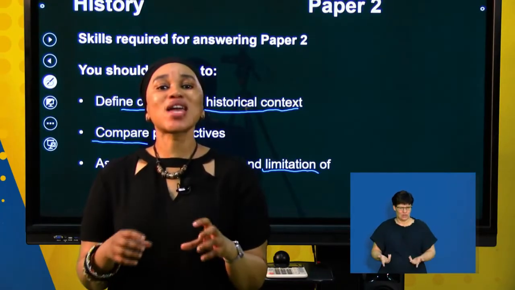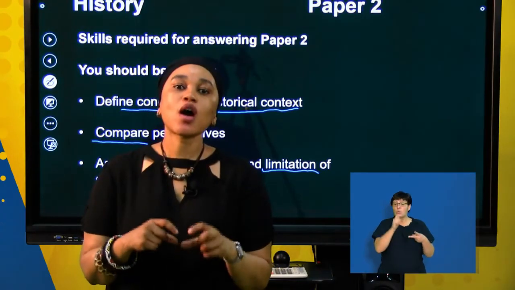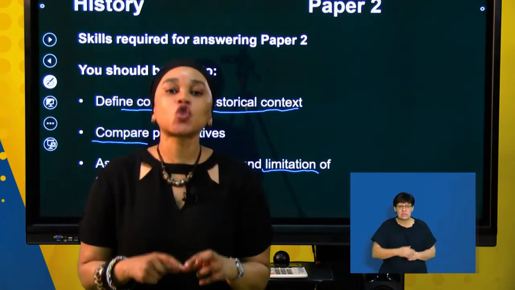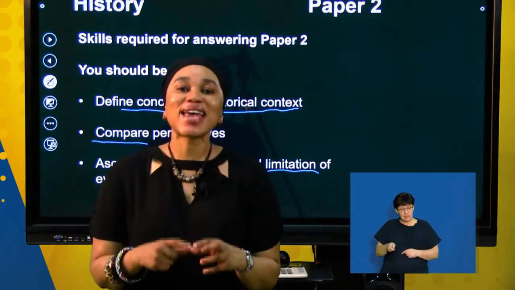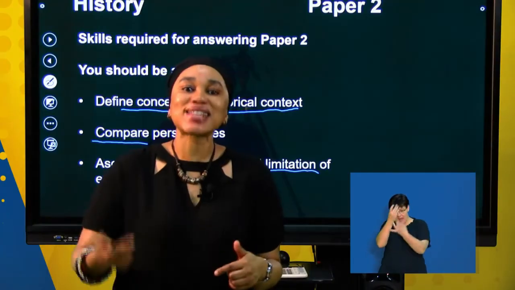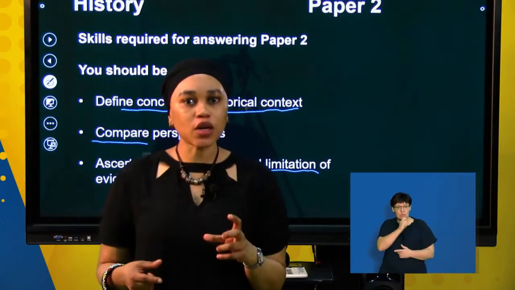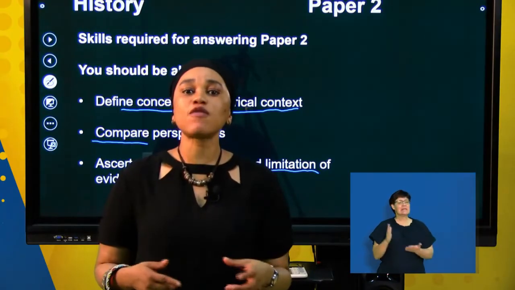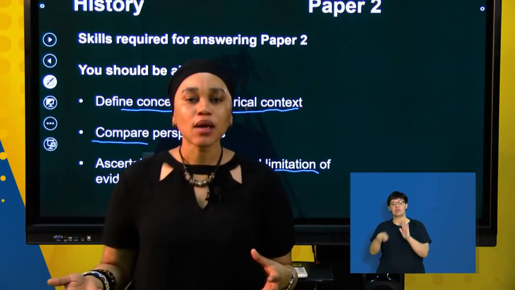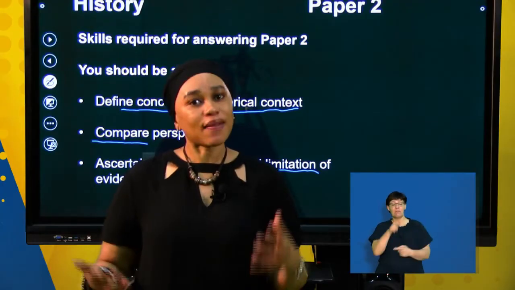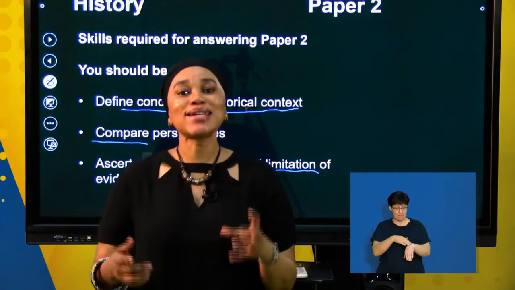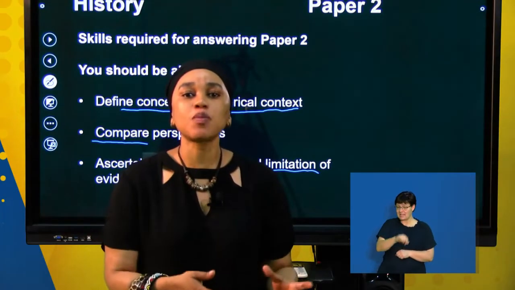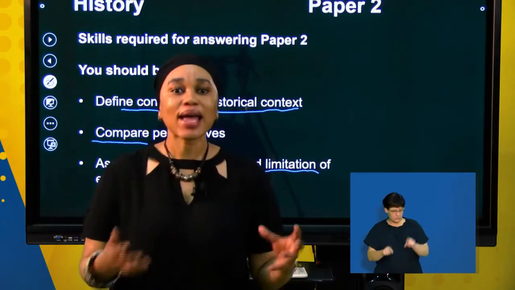However, when we are looking at the usefulness, we are asking if the source can give us any useful information to understand the event. And by useful information, I don't only mean positive information. Sometimes a source can give you negative perspectives of the people at the time. And that source is useful in understanding what the different people thought or felt at the time.